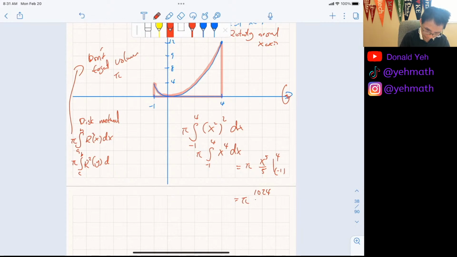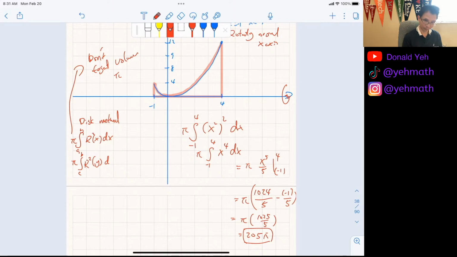And then that's a 5 and minus -1 over 5, right? So it'd be pi over 1025 over 5. So it'd be 205 pi. So the answer is 205 pi, and that is going to be the volume of the shape.